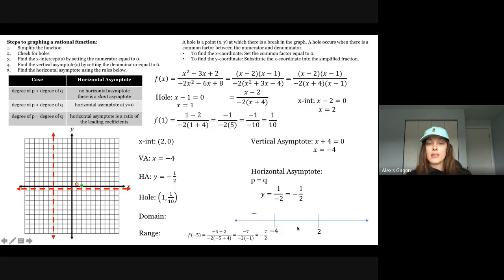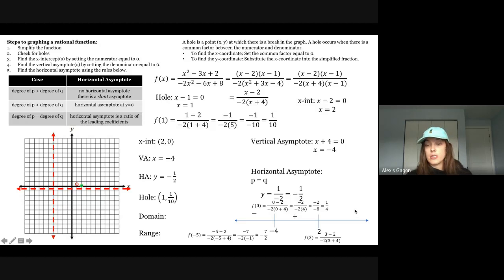If I plug in 0, anytime I can plug in 0, plug it in, because 0 is your easiest. And you could go through all the steps of doing this, or you could take this right here and plug it into your calculator, just how that looks. And you end up getting 1/4, which is positive. So that means this part, until we get to that, is positive.